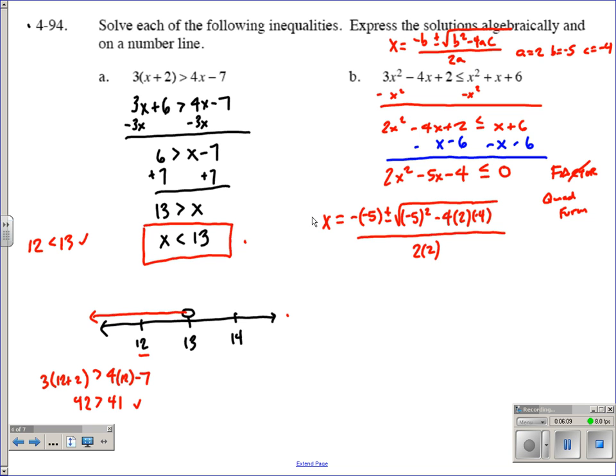So I've taken and we plug it into the quadratic formula. This is going to help us to figure out where those x-intercepts are. So the opposite of negative 5 is 5 plus or minus. Negative 5 squared would be 25. We've got plus 32 all over 4.